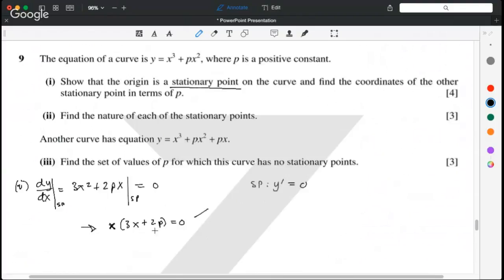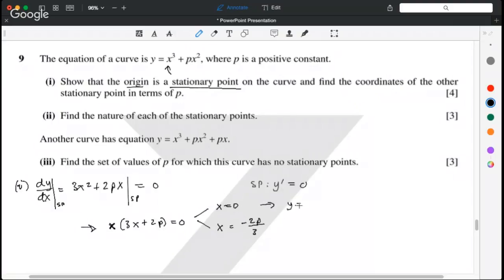So what this makes clear is that x is equal to 0 or x is equal to minus 2p over 3. And x is equal to 0 is what they mean, the origin. And we can see that because if we plug x equal to 0 back into the original equation, we get y is equal to 0.